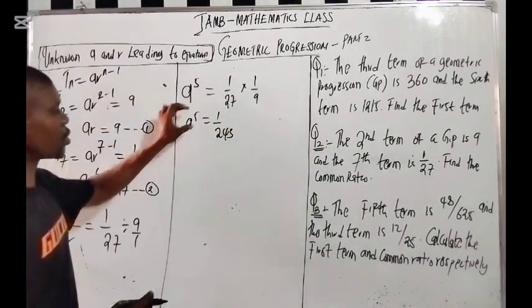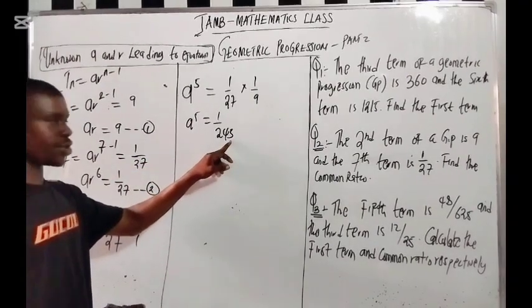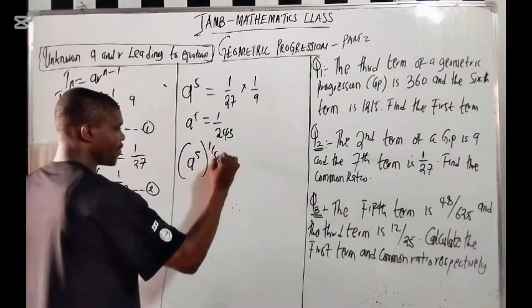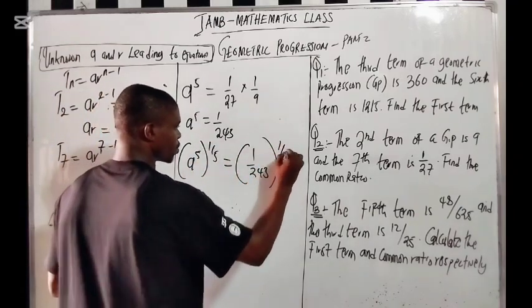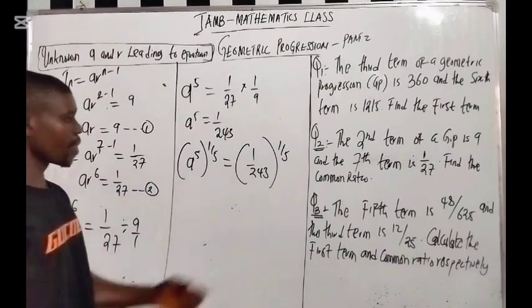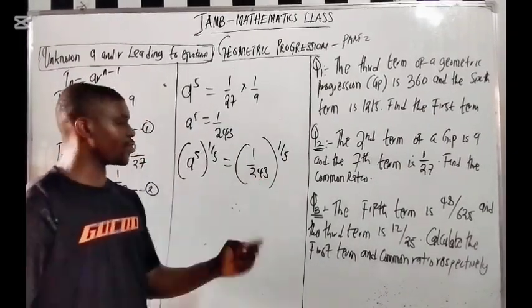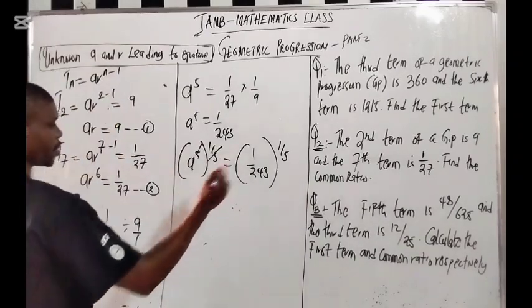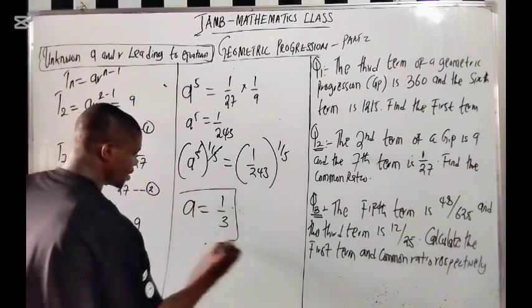So what I want to do is find the fifth root of both sides: r equals 1 over 243 raised to 1 over 5. The fifth root of this is going to be 3, because 3 raised to 5 is 243. You now have r equals 1 over 3. This is the answer.